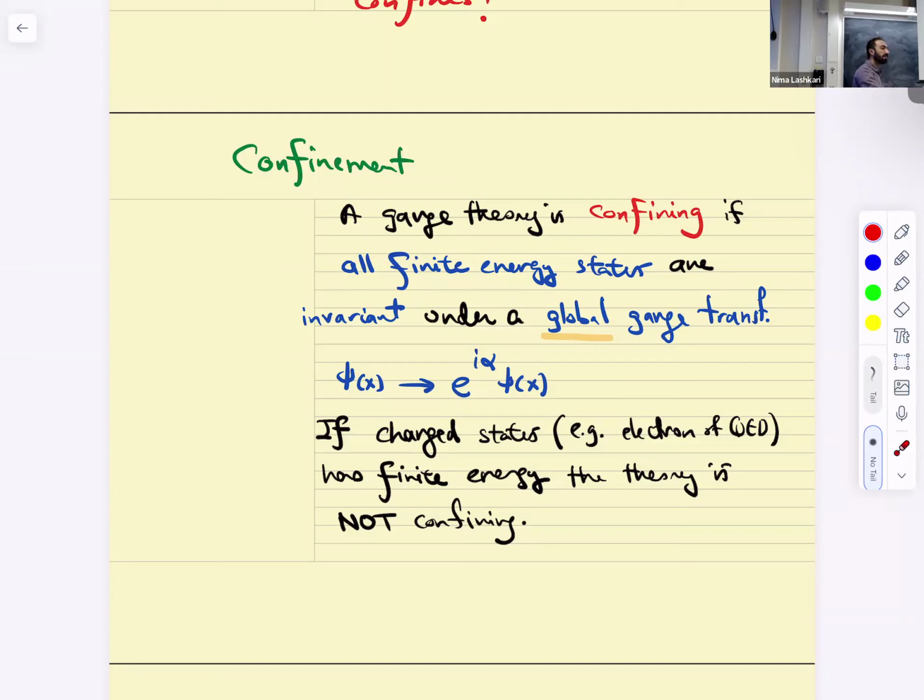Like in QED. Oh, sure, positive and negative, exactly. Q, minus Q, right? But this is not gauge invariant. So what's the excitation? What's a gauge invariant object?